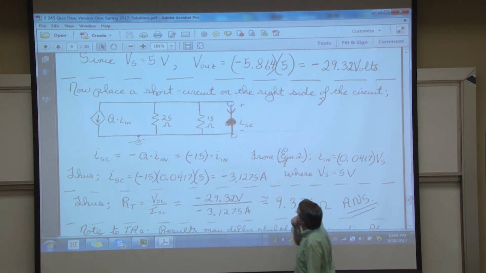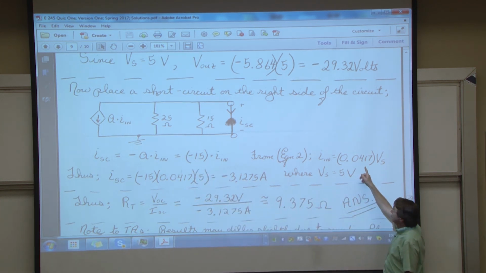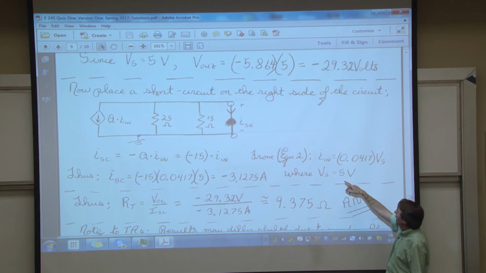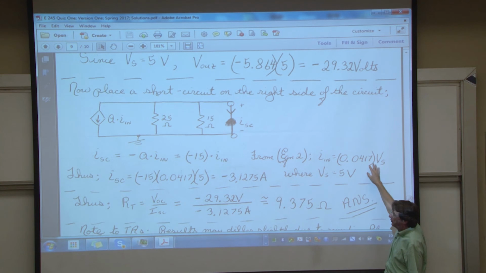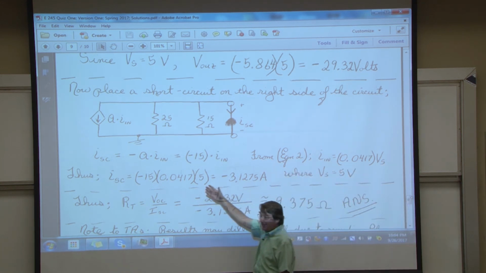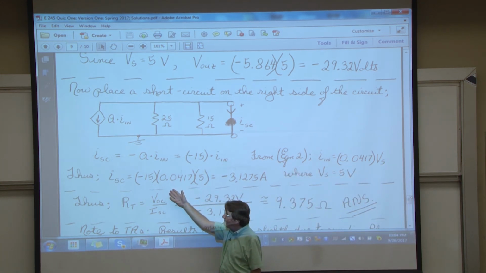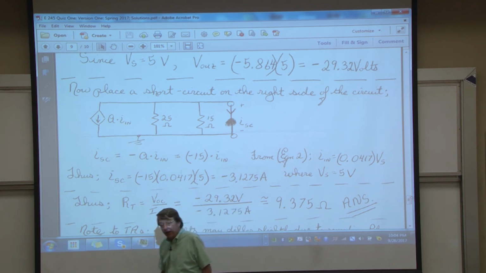I in, I say, wait a minute. From the first part of the analysis, I know that I in was this, and Vs is 5 volts. So I now know what I in is. I get I short circuit. R Thevenin is V open circuit divided by I short circuit. And that's it.